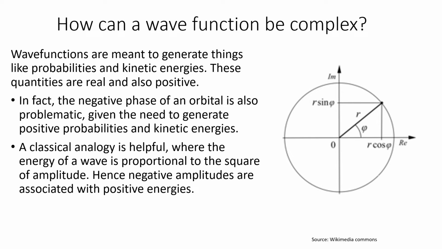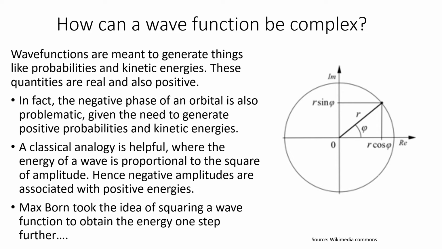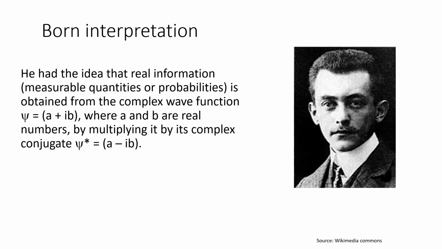And in fact, interestingly enough, with a complex wave function you do the same thing, but with an extra step. And this is something that Max Born sorted out in the 1920s, right at the dawn of all this wave mechanics. And so he took this idea of squaring a wave function one step further. That's what the next slide is going to look at.